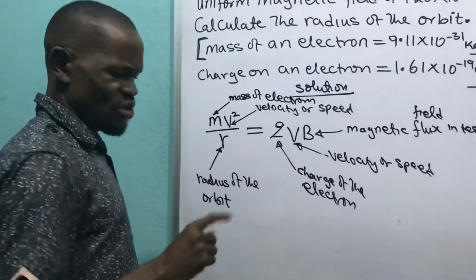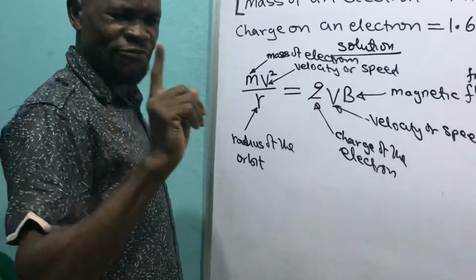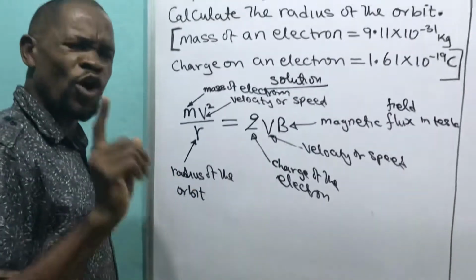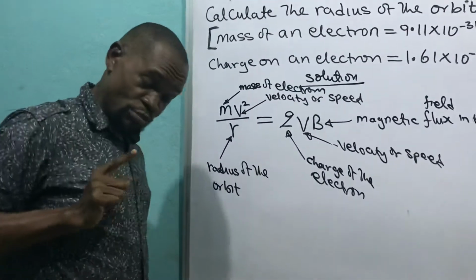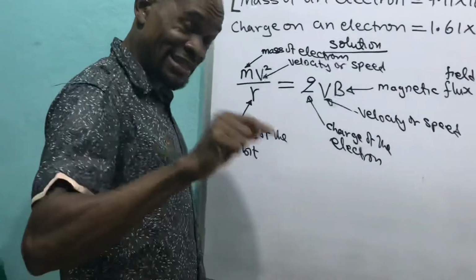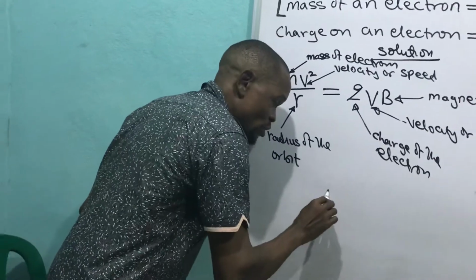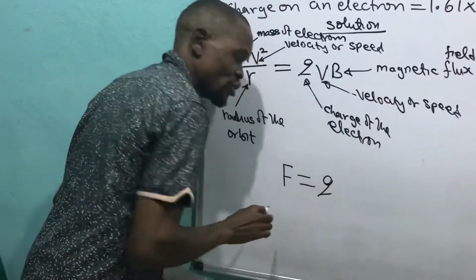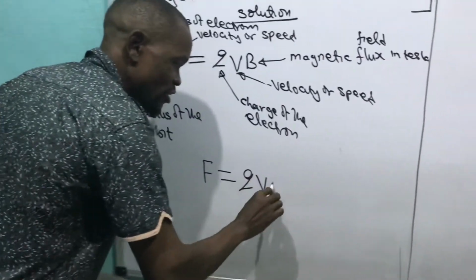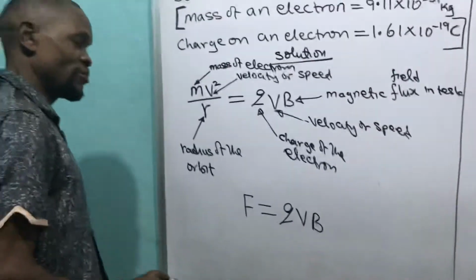Note the force which a magnetic field exerts on an electron moving in it. If an electron is moving in a magnetic field, the force on it is F equals q, the charge on that electron, v, the velocity, and B, the magnetic field.